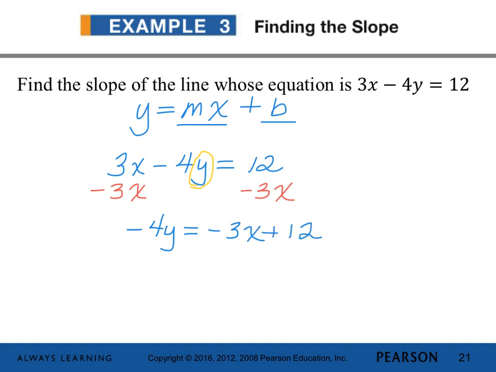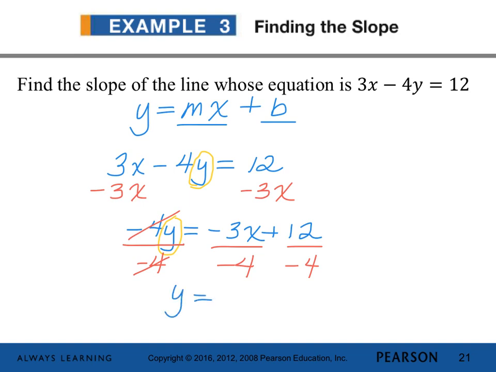We're still not quite finished because we don't have y by itself. We still have the -4. And so in order to undo the multiplying by -4, we're going to divide every term by -4. So that eliminates the -4 in front of the y, and we have our goal now.